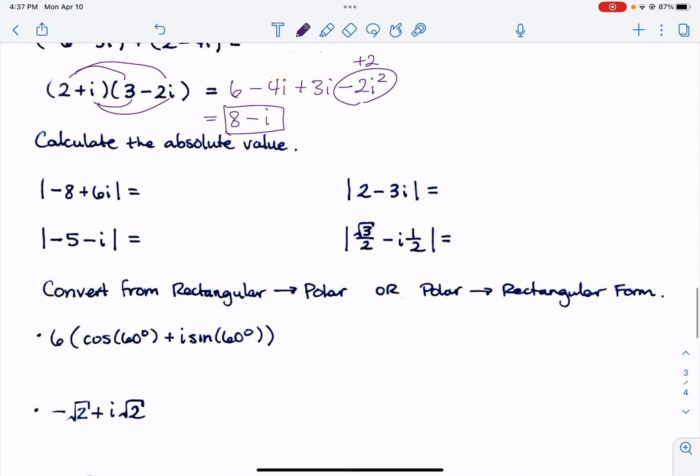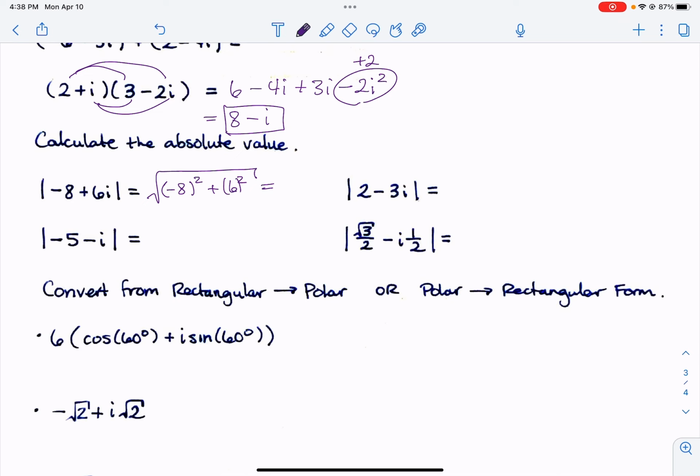Calculate the absolute value. I'll do maybe two of these. I'll do maybe this first one, top left, and the bottom right. So what is the absolute value? It's the same thing as the magnitude formula. So you would take the components, the real component squared plus the imaginary component squared. We do not put the i here. We don't put the i in the square root. That's not the component.